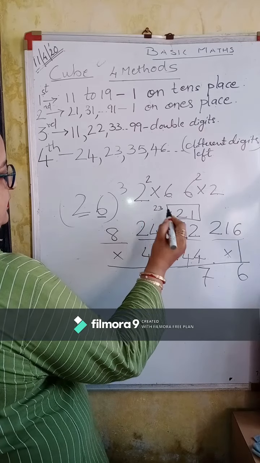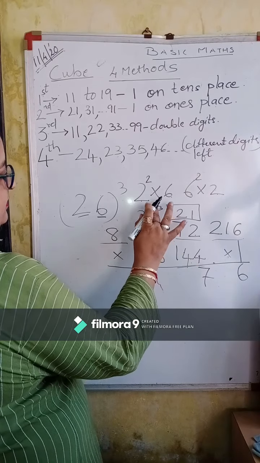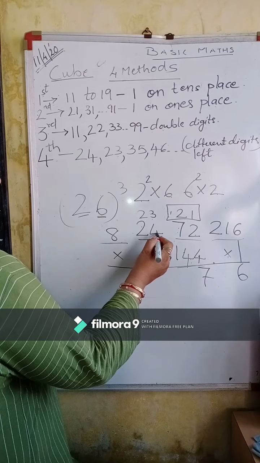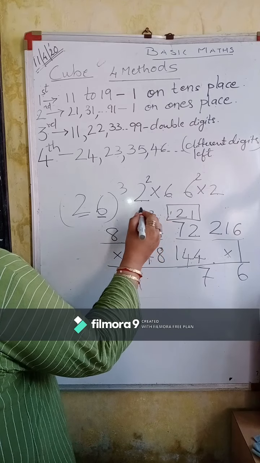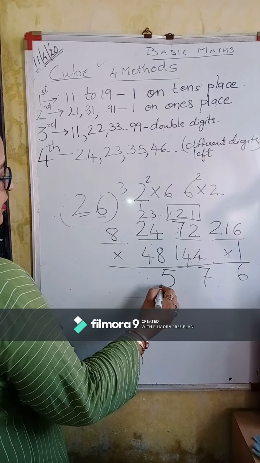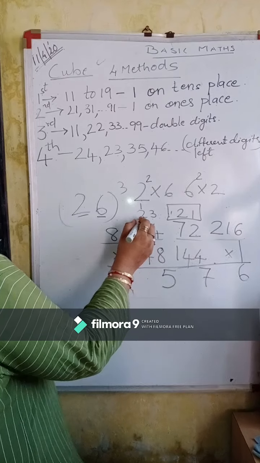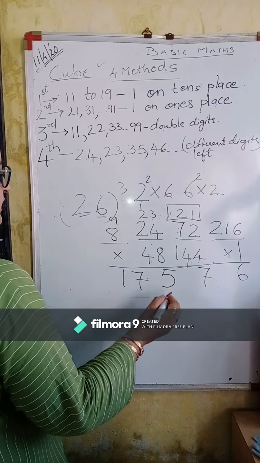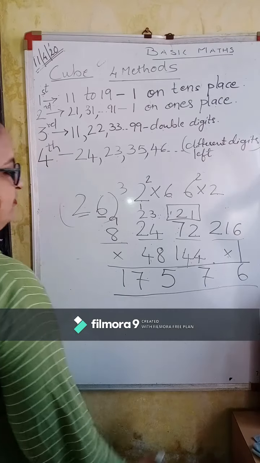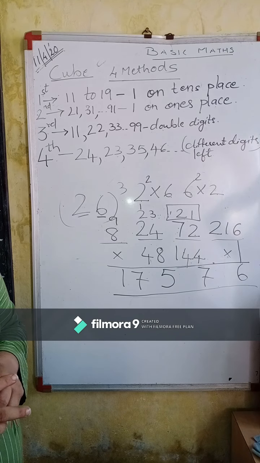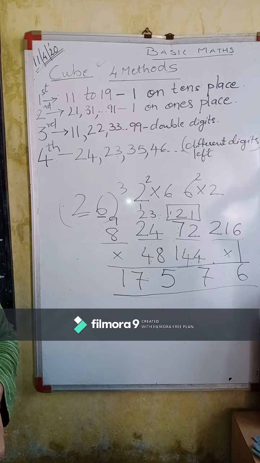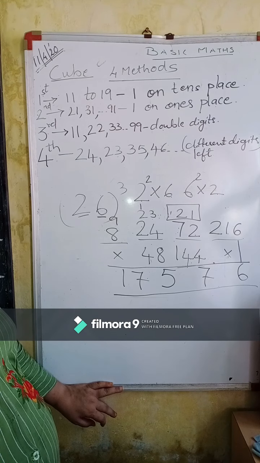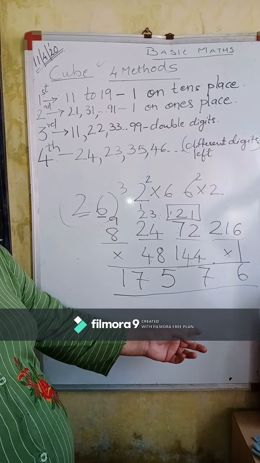That is 1 and 1, 23. 23 will go in carry. 8 and 4, 12. 13, 14, 15. 1 carry and 5 down. 4, 5, 6, 7, 8, 9 will go in carry. 8 and 9 will become 17. That is 1, 7, 5, 7, 6. Yes, Siddharth, your answer is correct. 1, 7, 5, 7, 6.